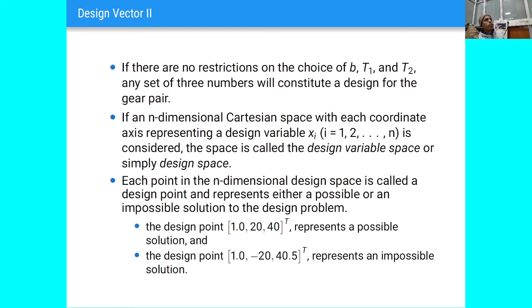So again, we can see that this T2 also cannot be a fractional value because it is the number of teeth. Okay, so the number of teeth cannot be a fractional value. Therefore, it is also making this set of solution an impossible solution.